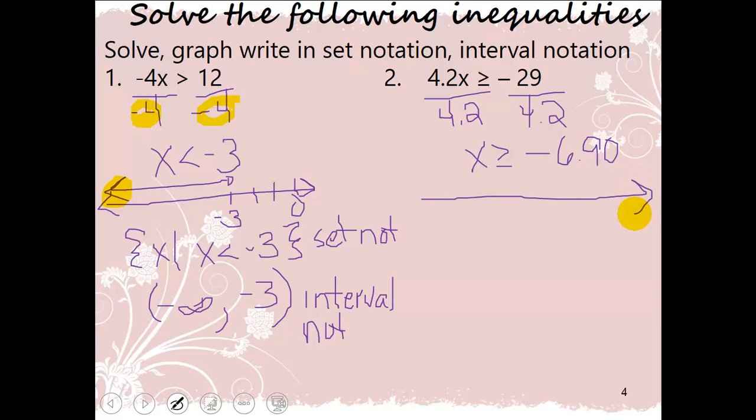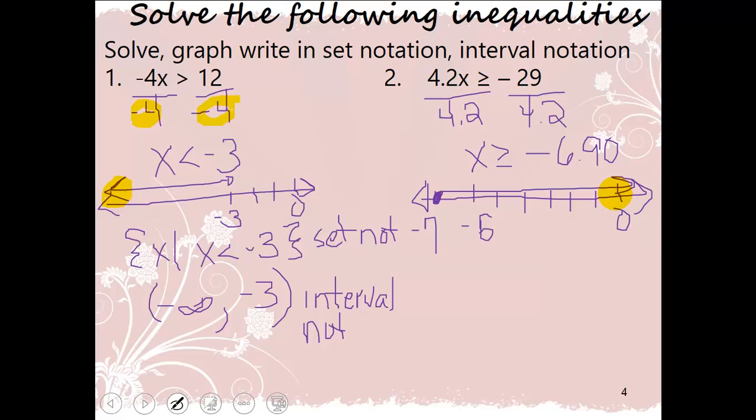Graph it. Here's 0, 1, 2, 3, 4, 5, negative 6, negative 7. Okay, so I'm right here. And then it's going to go to the right.